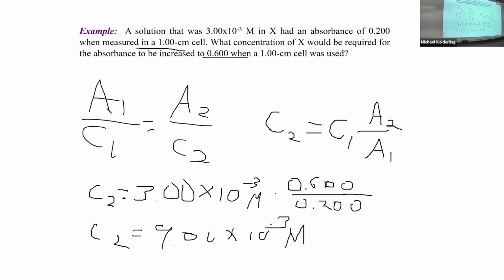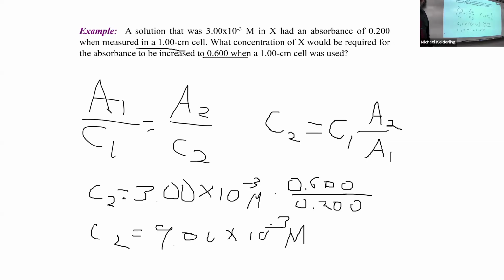So you get A1 over C1 equals A2 over C2. So C2 equals C1 times A2 over A1, and then you can solve for C2, knowing a starting concentration and absorbance.